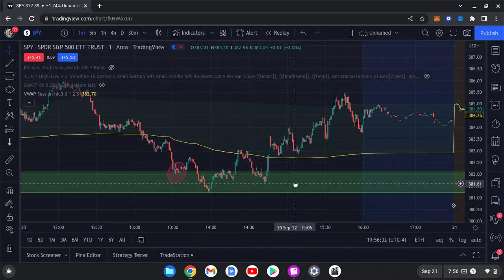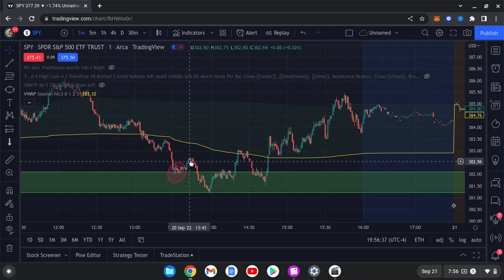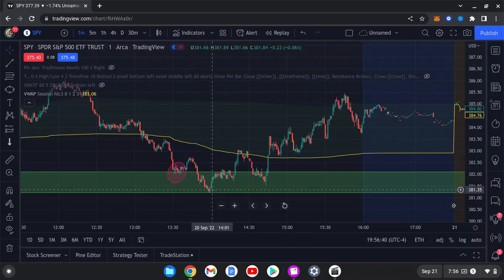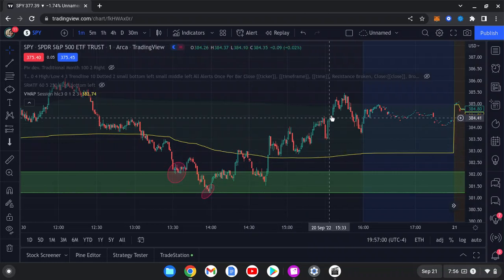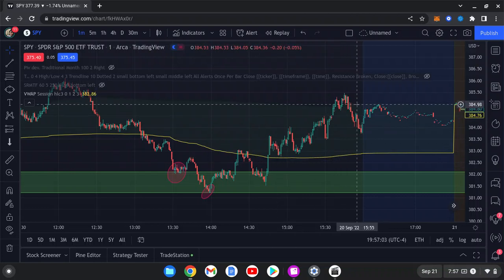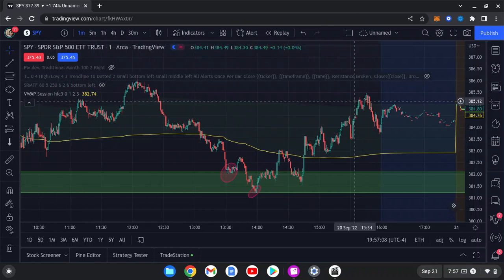I never like to add to a losing trade, so if I was to buy around right here and I see it selling off, I would not buy it unless I take a smaller position around right here, because it's at the bottom of this support level. And it's our last opportunity to take some longs. And we can see once it broke above this VWAP level that it ran up around $385.